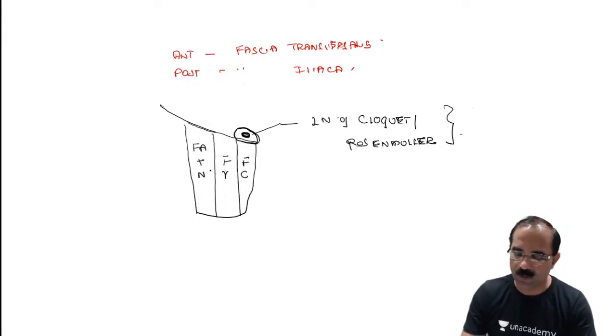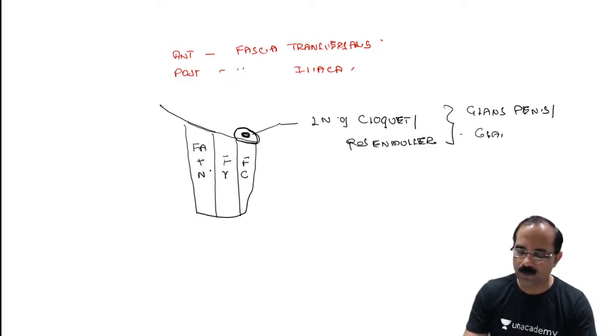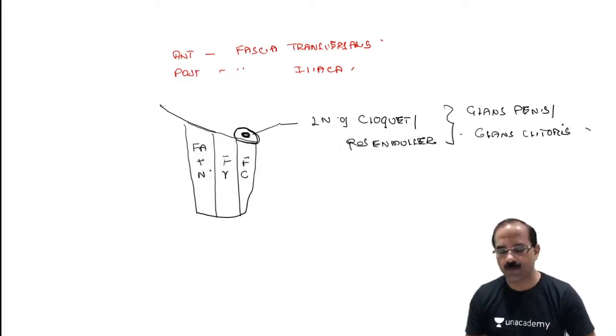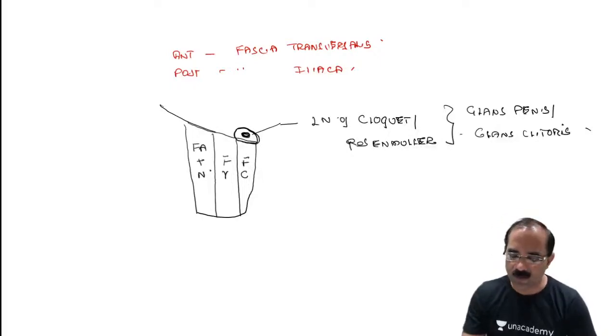And what does it drain? It drains the glans penis or the glans clitoris. That's the lymph node of Cloquet or Rosenmuller.